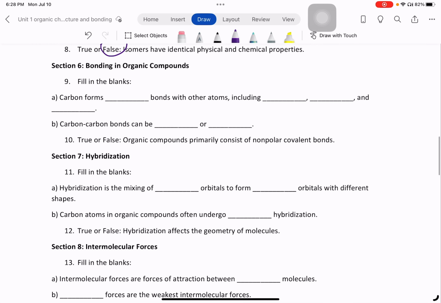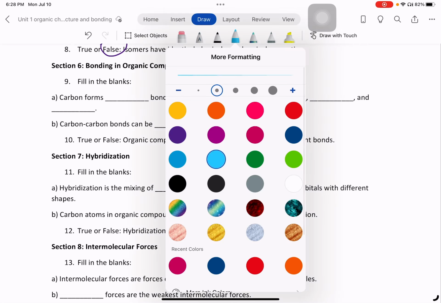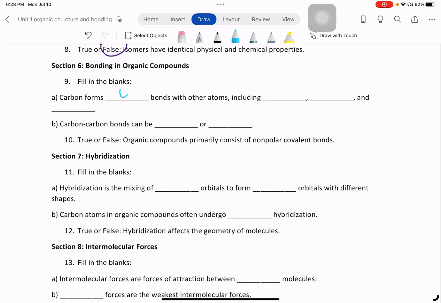All right, section 6, we're going to talk about bonding in organic compounds. Carbon forms how many bonds? Well, we know carbon makes 4 bonds with other atoms, right? You can have different examples, like hydrogen, oxygen, and nitrogen.